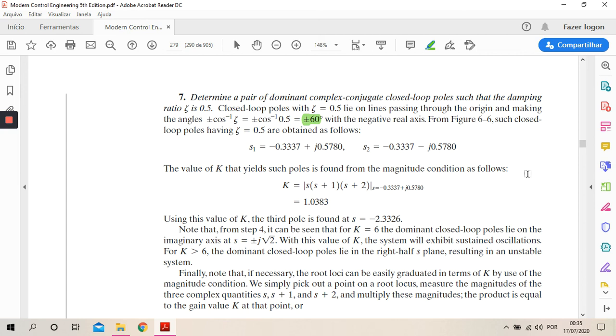You can see they are complex conjugates, because the only difference is in the imaginary part. One is positive and the other is negative.